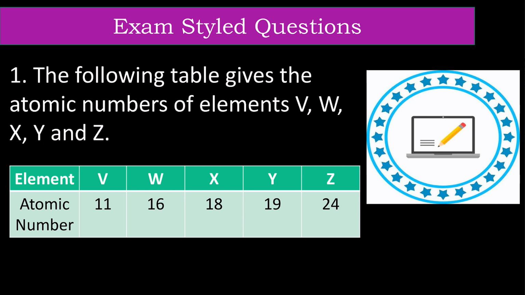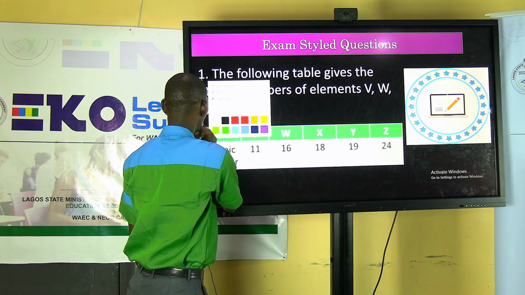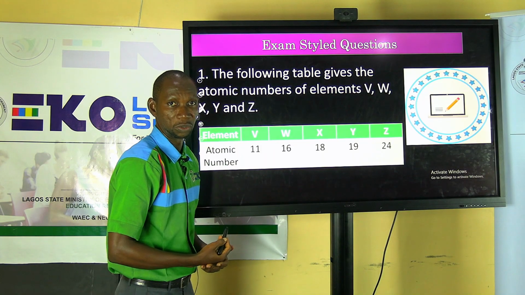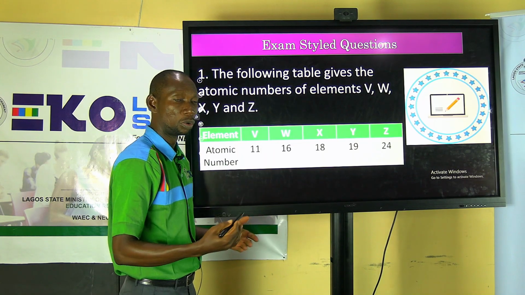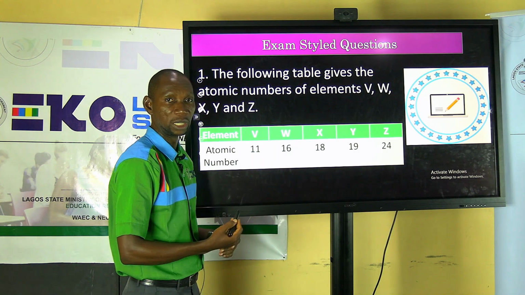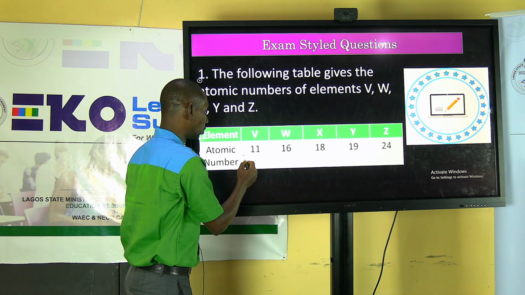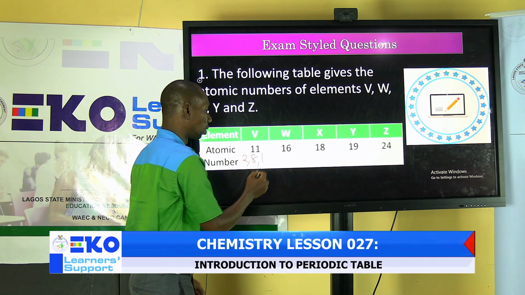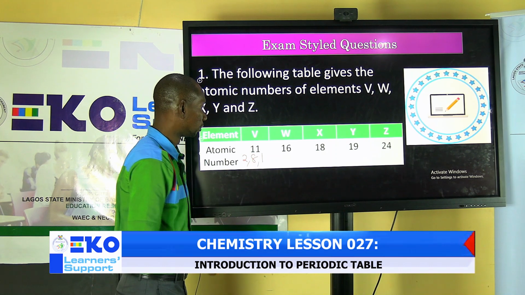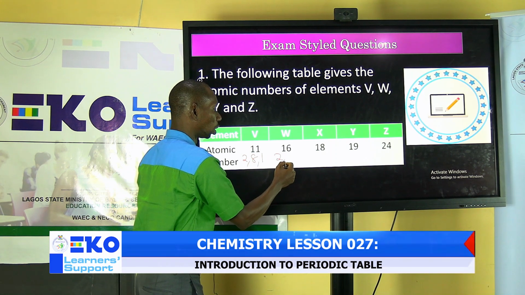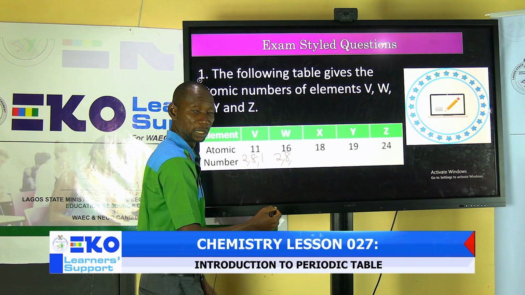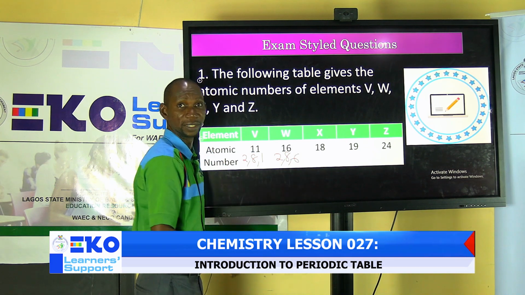So the first thing you must do is share the electrons, because that will let you know what exactly is happening in the shells. So the atomic number for V is 11, so we are just going to share that. That gives us 2, 8, 1. That for W is what? 2, 8. Yes, you are right. 2, 8, 6.